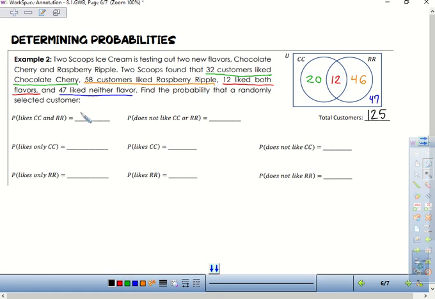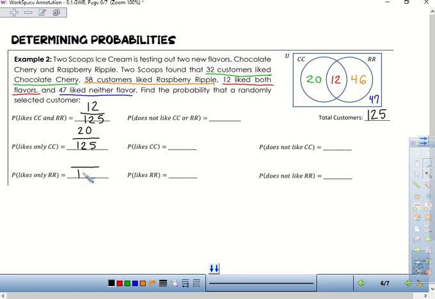So, out of 125 people, how many of them like both chocolate cherry and Raspberry Ripple? Good, 12 people. Out of 125 people, how many of them liked only chocolate cherry? 20.